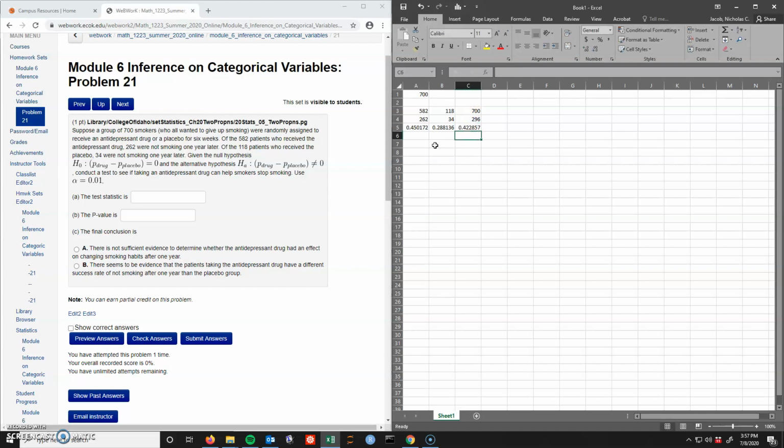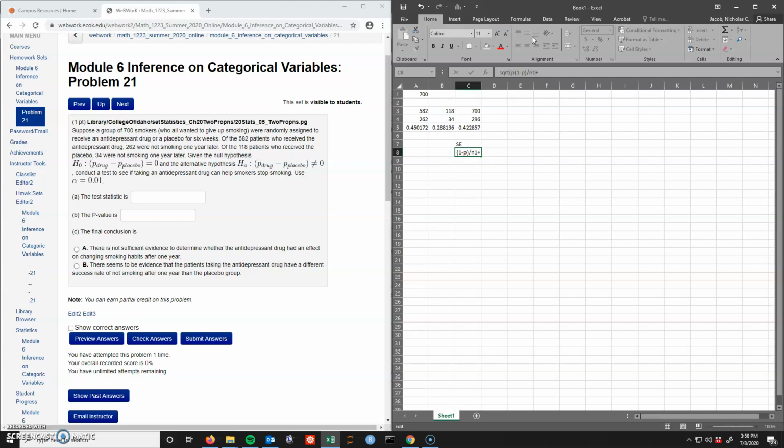I'm doing things with the keyboard here, but there we see my pooled proportion. I'm going to use the pooled proportion to compute a pooled standard error. The standard error is going to be the square root of p times 1 minus p divided by n, exactly as before, except what we're going to do differently here is this is going to be n1.